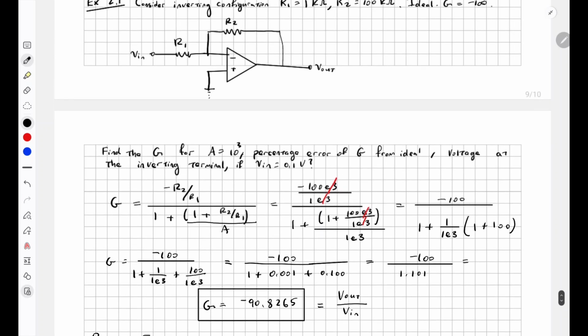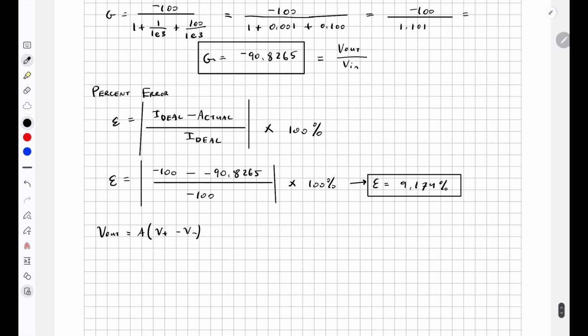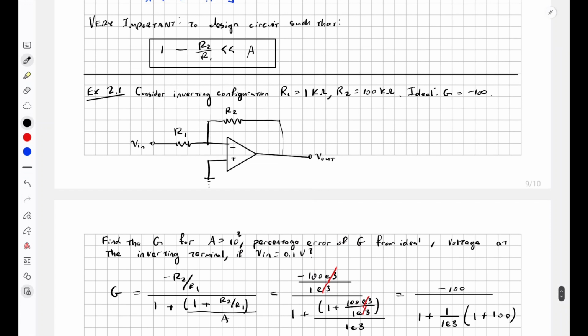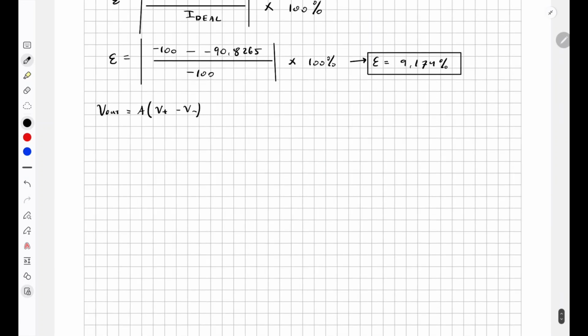This is always the case. Now V plus, the non-inverting terminal, is connected to ground, so we can put a 0 here. So now we see that V out is equal to negative A times V minus.